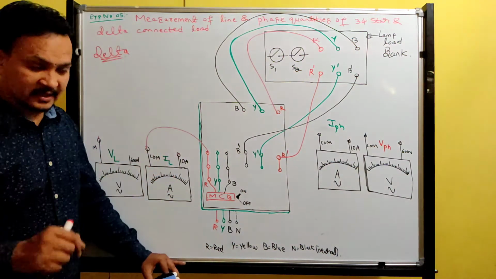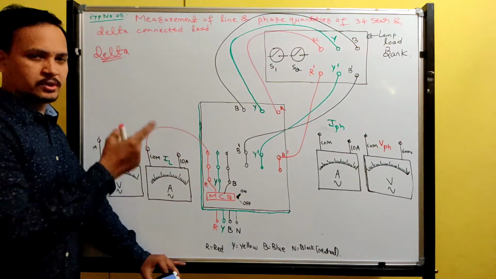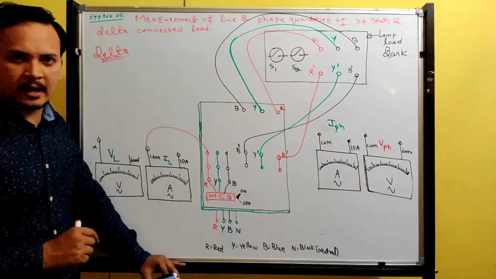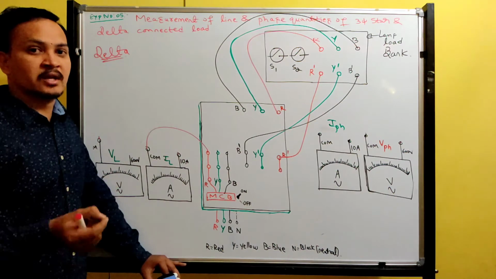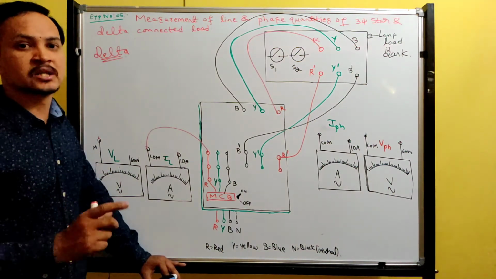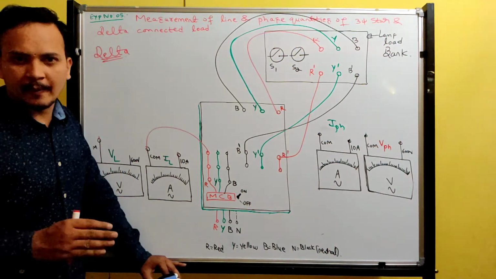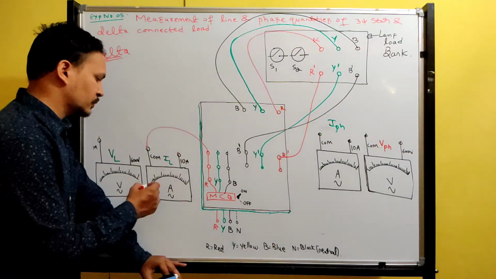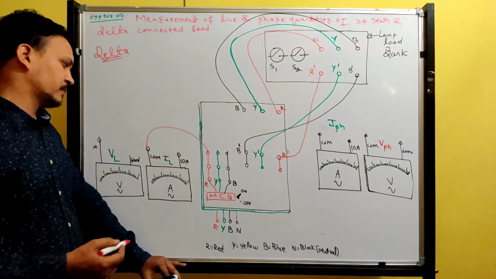While doing the delta connection, take the ammeter in the 10 ampere range because it shows a higher current value for a particular load bank. Why does it show more? Because line voltage and phase voltage are equal in delta. So due to more voltage, the brightness will be more, so the bulb will consume its entire power. Therefore the current rating also increases. So in order to see better readings, keep it in the 10 ampere range.